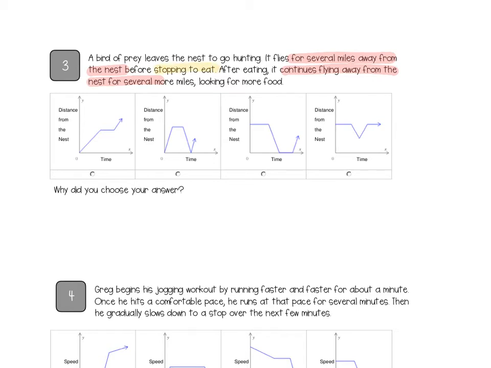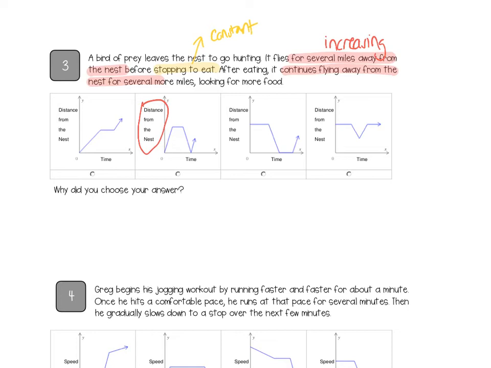So based on this description, when they're flying away and you look at your Y value, it's the distance from the nest. When I'm flying away from the nest, I'm going to be increasing, right? Because I'm flying away from the nest. And then when I stop to eat, I'm going to be constant. I'm not moving anywhere, okay?